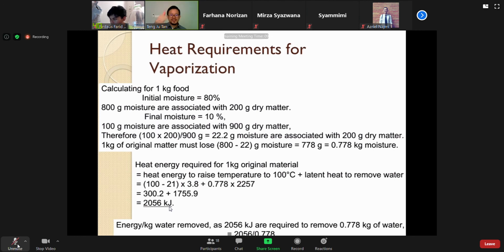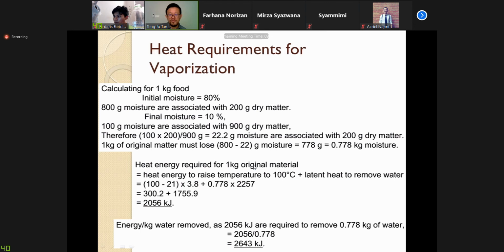Okay, good. This is for 1 kg of the original food material. Now the last question asks for per kg of water removed, because for 1 kg of food material you only remove 0.778 kg. So 2056 kilojoules are required to remove 0.778 kg of water.